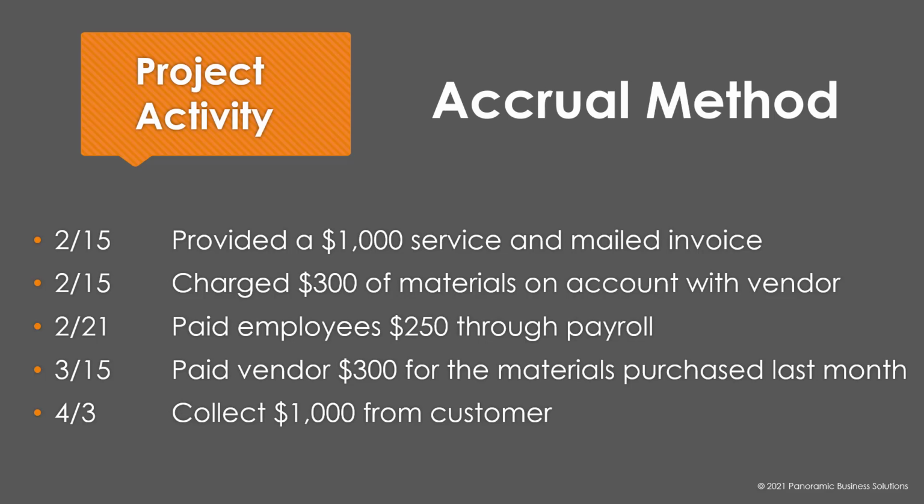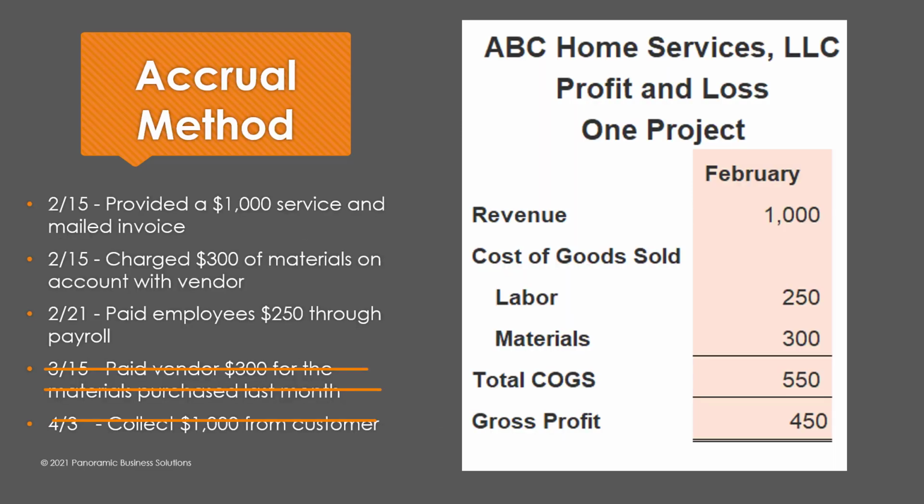We're going to look at it first from the February standpoint. So when we're doing that, we're not going to consider what we paid in March or what we actually collected. The accrual method actually follows only when the revenue was earned and expenses were incurred, not when cash actually exchanged hands. So let's look at that project.